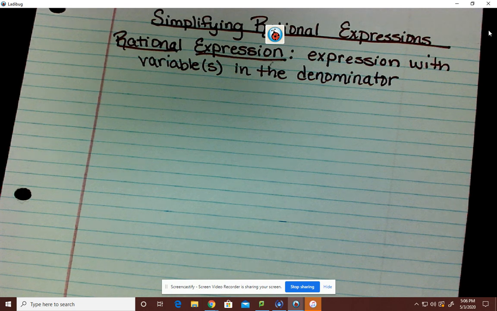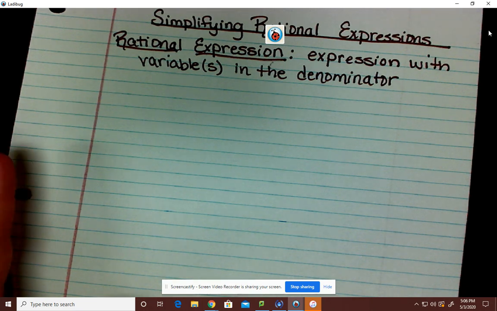It's an expression with a variable or variables in the denominator.